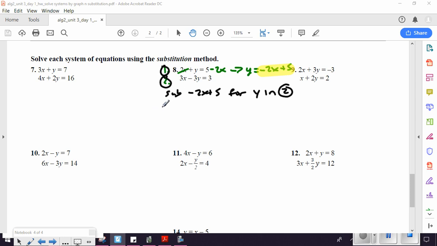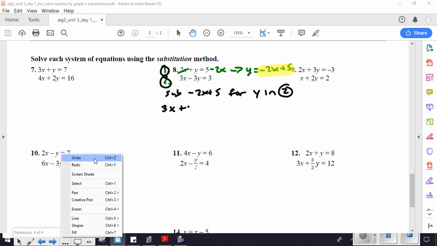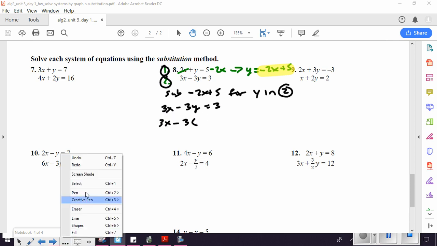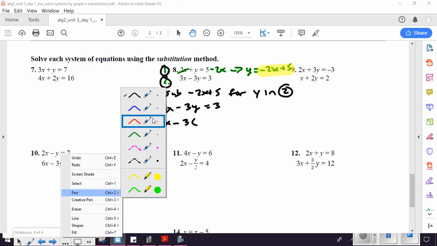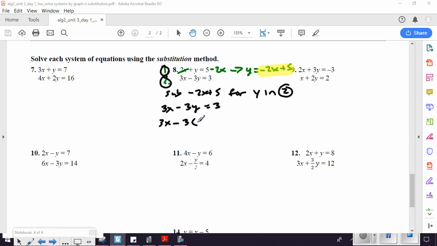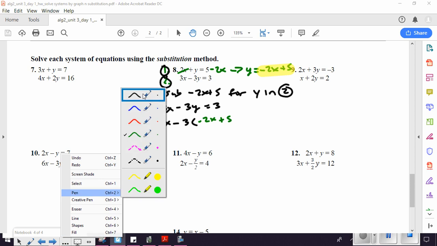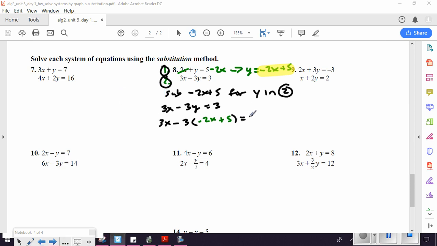So equation 2 was 3x minus 3y equals 3. So I'm going to open up parentheses in place of y, and I'm going to insert negative 2x plus 5. Bring down my equals 3.